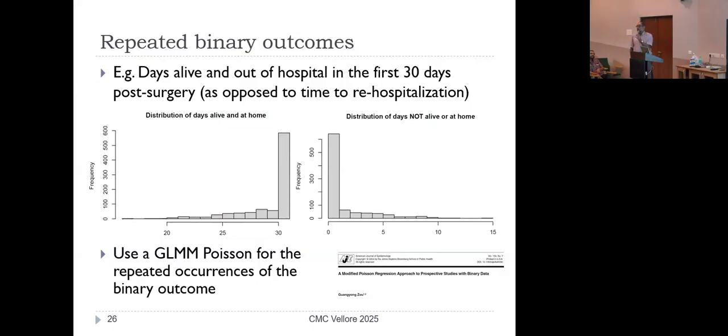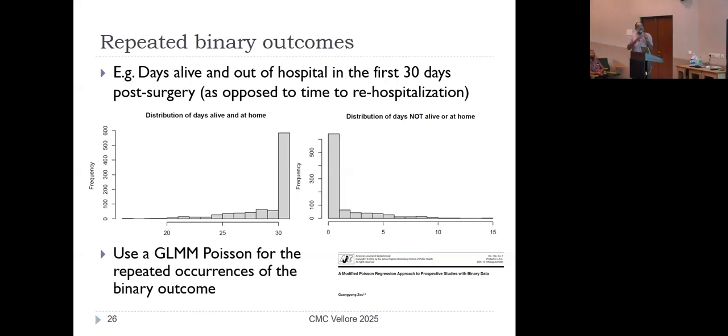So every day you either were alive and out of hospital, or in hospital, or dead. Dead is a competing risk in some sense, but it included death as part of it. Once you're dead, you're not alive out of hospital, so we dealt with that by definition.